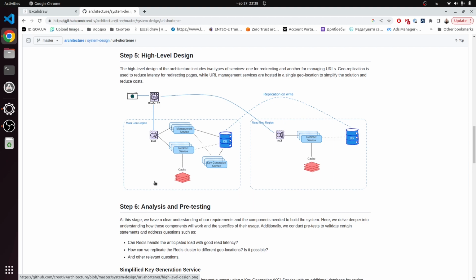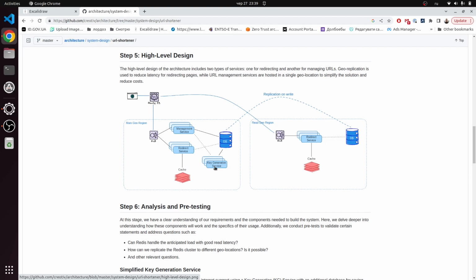This will decrease the amount of money that we'll use, simplify our solution, and we don't need it from a business perspective because we need speed when we redirect a user. But when a user adds a new URL, it can wait for some time, and that's okay.